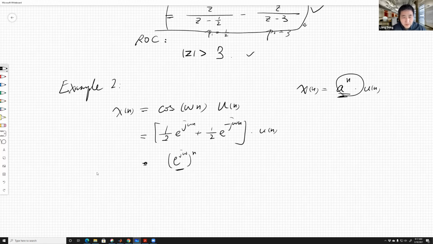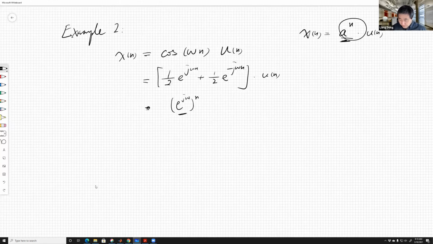Okay. So when I have this, I can do the z transform. X(z) equals, working on the first part, half, and the same thing, 1 subtract a pole, which in this case is e to the power j omega times z to the power negative 1.